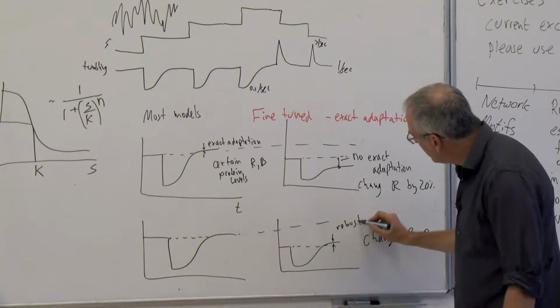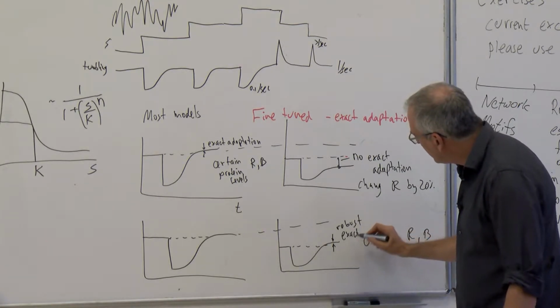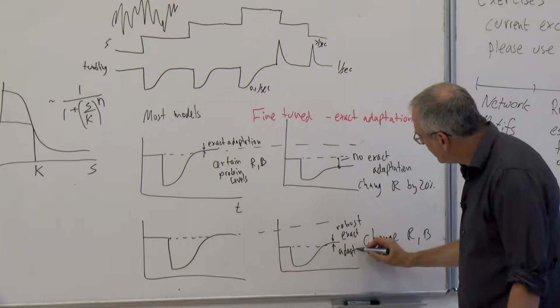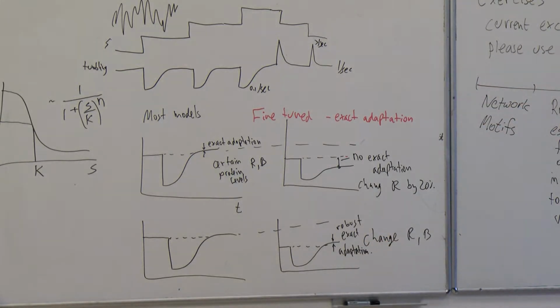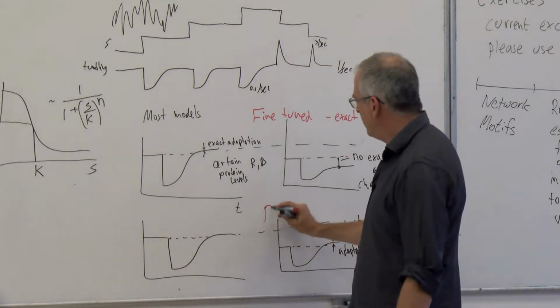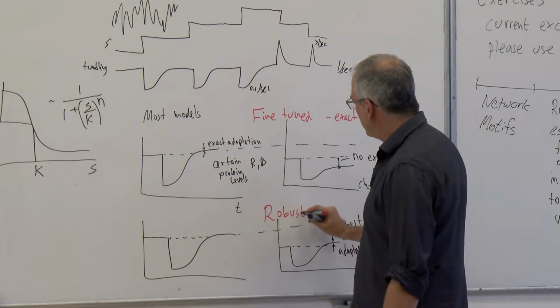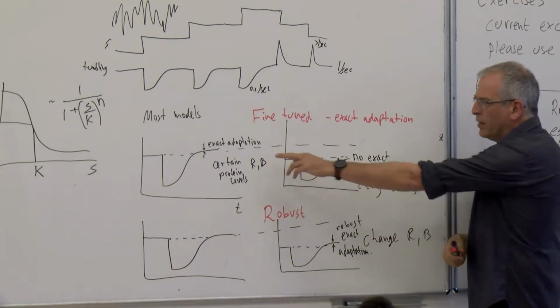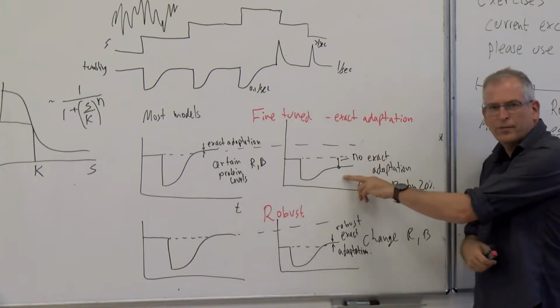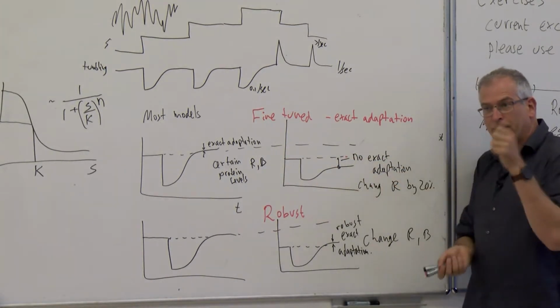Robust, exact adaptation. So this is called robust. And circuits where you need to tune things, protein levels, are called fine-tuned. They can work on paper, but they won't work in the cell, because in the cell protein levels vary.